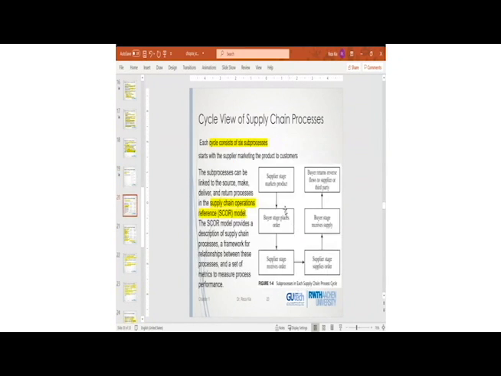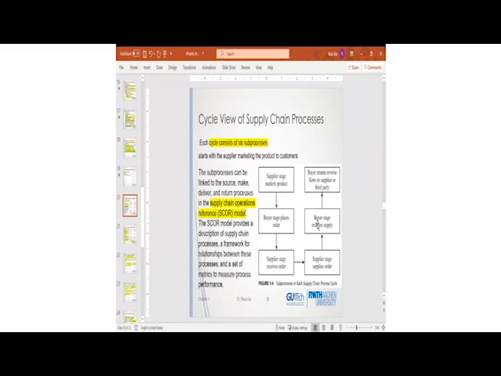And this process is repeated for all cycles. So the supplier is marketing for the product, the buyer will place one order, and then the supplier will receive the order, the supplier will process the order, the buyer will receive the supply, and this sub-process is repeated in each cycle.